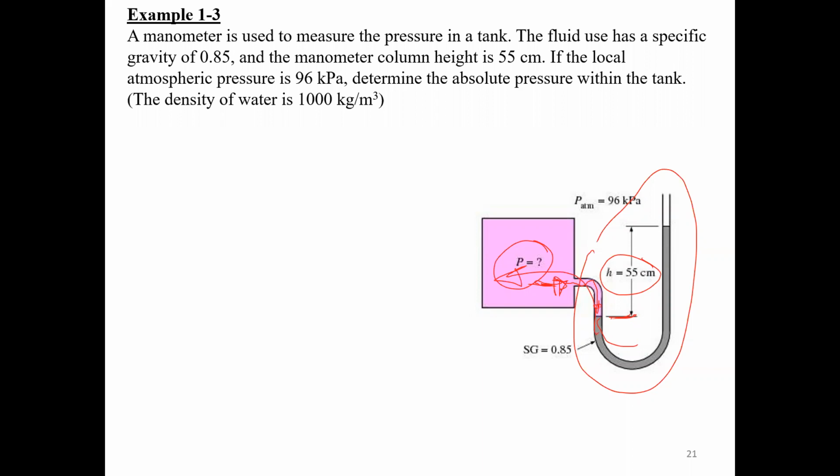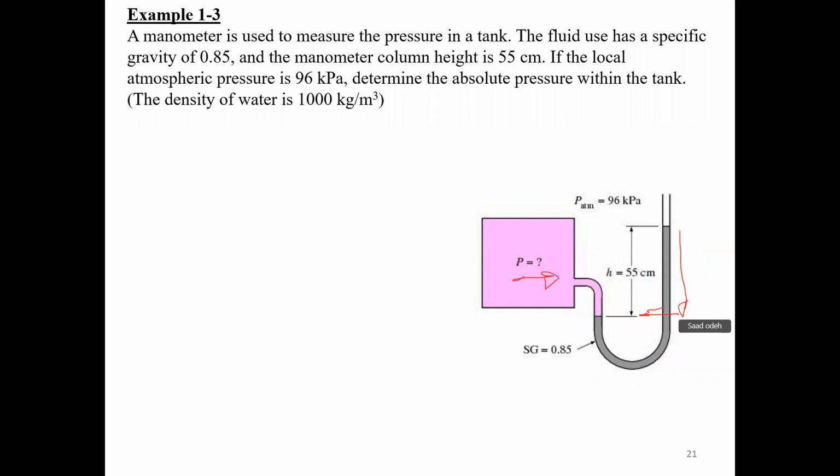That's why it pushed the liquid up from this side, not from the other side. So we now know how much weight is exerted by the liquid of 55 centimeter. And the atmospheric pressure is already given.